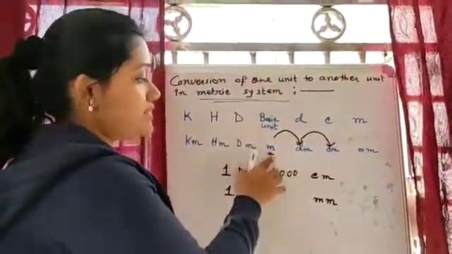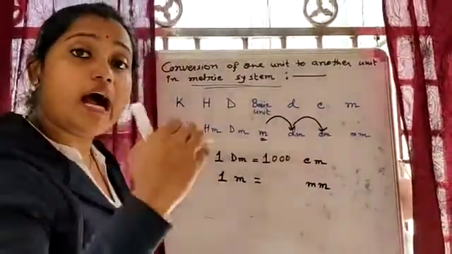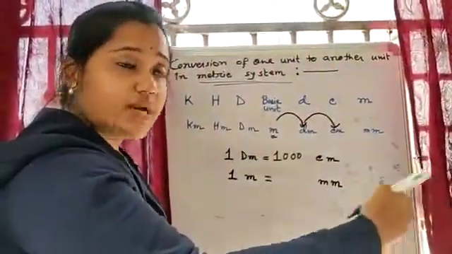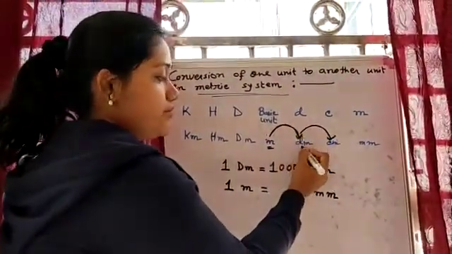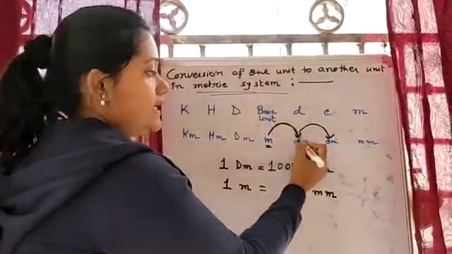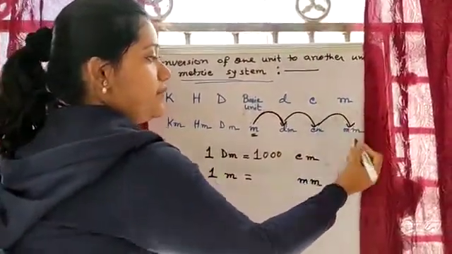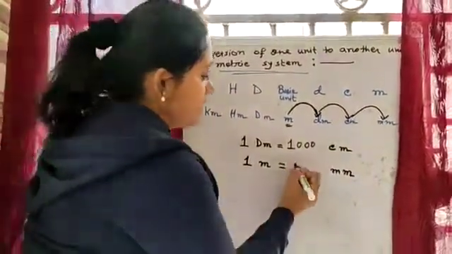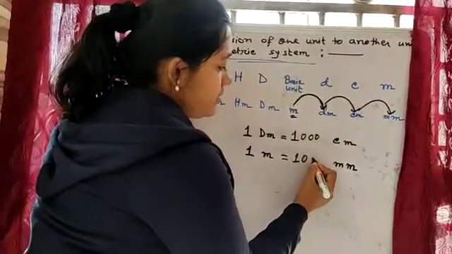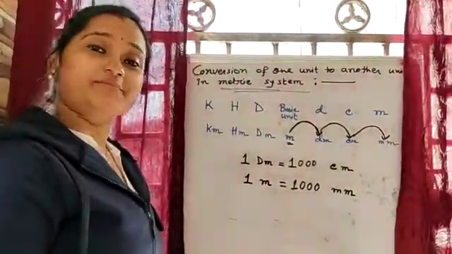Yes, of course. Now let's see how many steps we are jumping. 1 step jump, we have reached deci, centi, milli. 3 steps we have jumped. This is 10 to the power 3, or you can write it as 1000 millimeter.